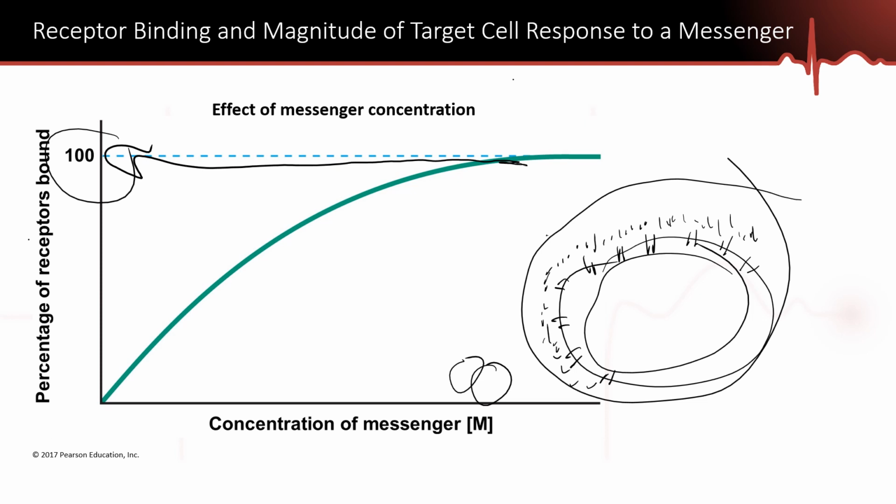What that means is heart rate will be much higher than if epinephrine concentrations were lower and there was less epinephrine bound to fewer epinephrine receptors, right? And the magnitude of effect would be less. So general rule: increase the concentration of chemical messengers around a target cell, more chemical messengers will be bound to more receptors, and you'll have a greater effect.